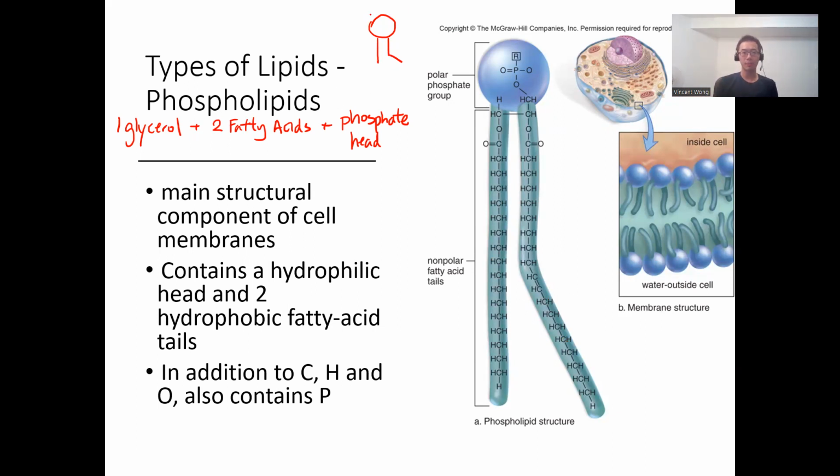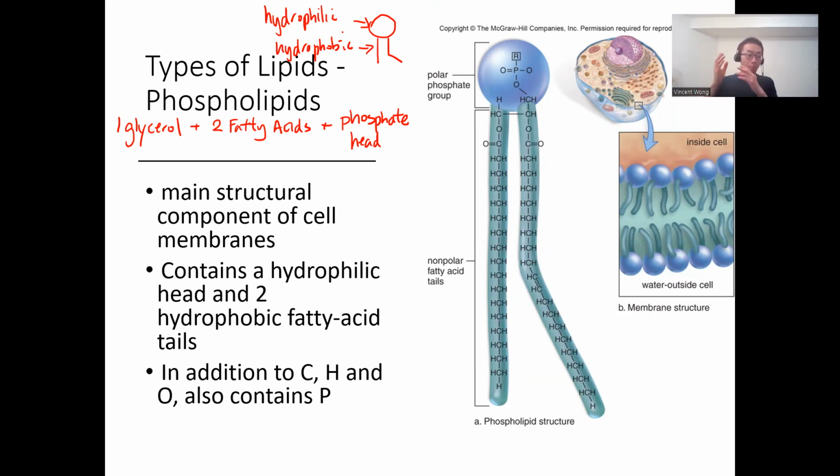What matters is the head, which is the circle, made up of the phosphate group, and that is hydrophilic. So it has a hydrophilic head, which means it binds well with water. And down here, you have the hydrophobic tails, which means it doesn't interact well with water.